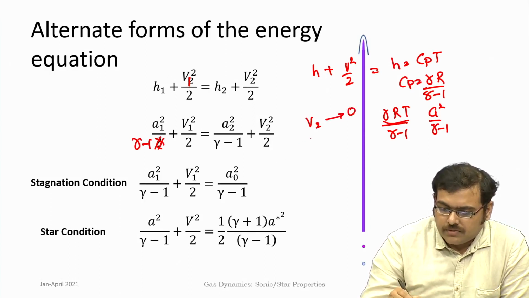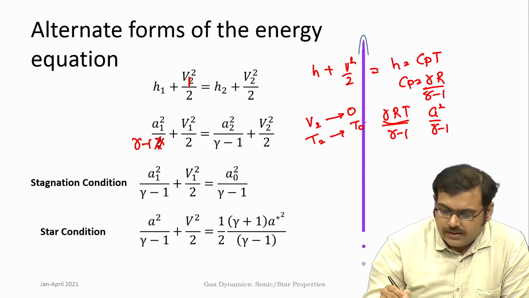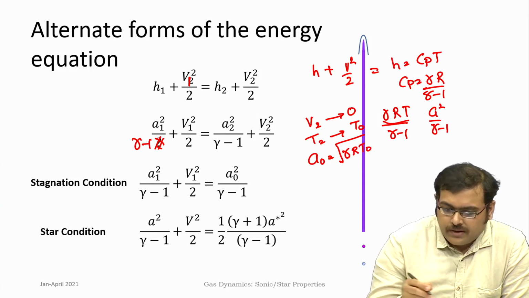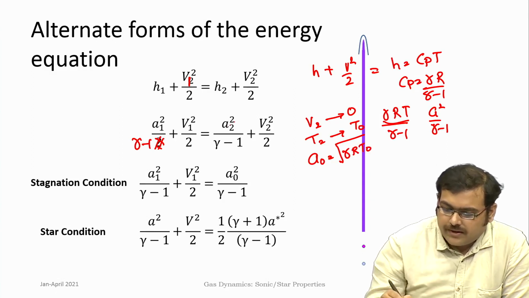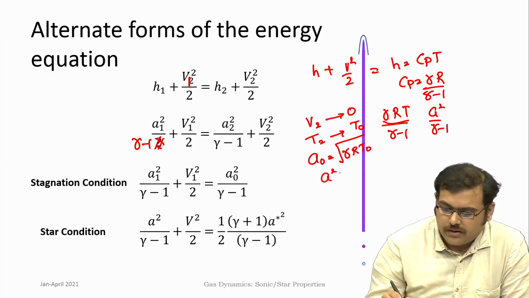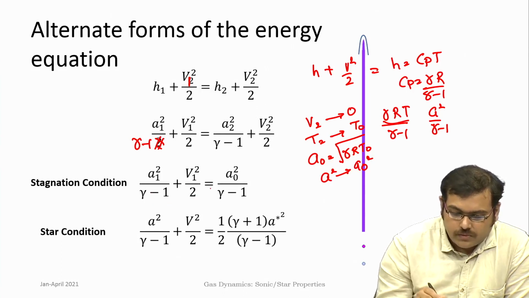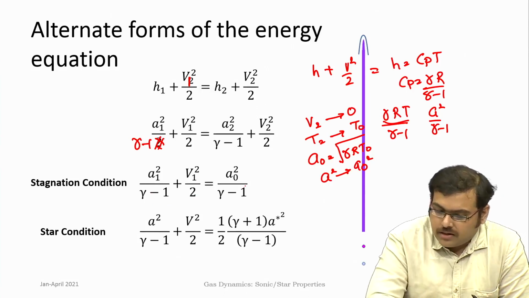As V2 tends to 0, T2 tends to T0. Then the speed of sound at T0 is the stagnation speed of sound, which is the square root of gamma R T0. So a square will tend to a0 square, and the equation becomes a square by (gamma minus 1) plus V square by 2 is equal to a0 square by (gamma minus 1).